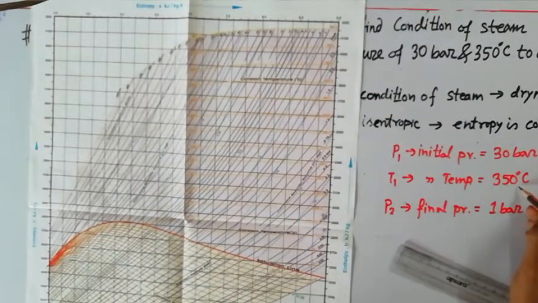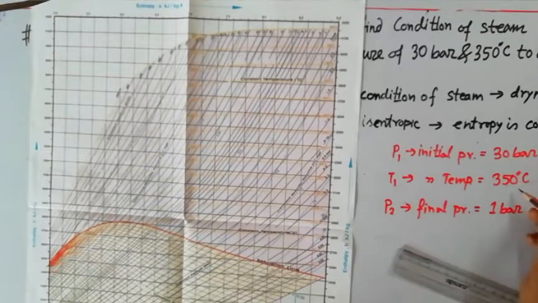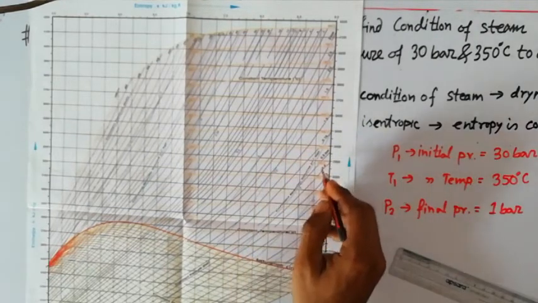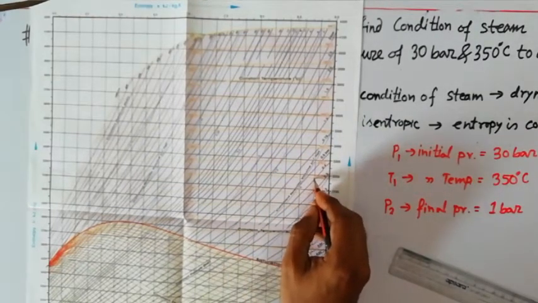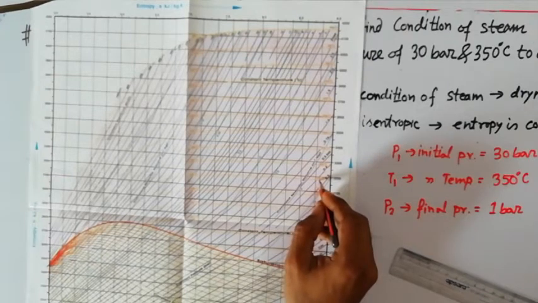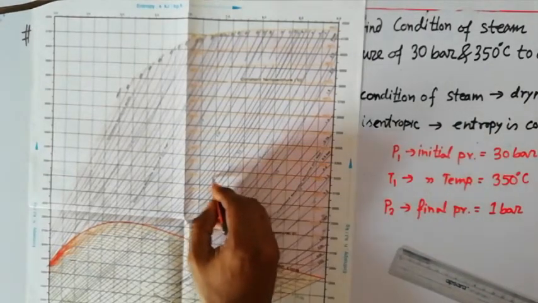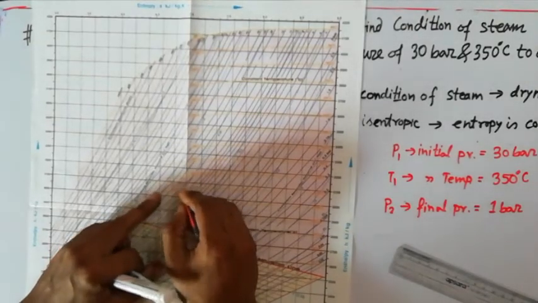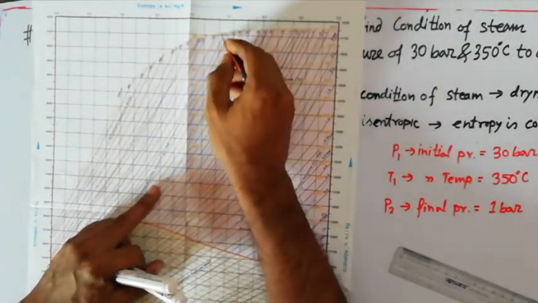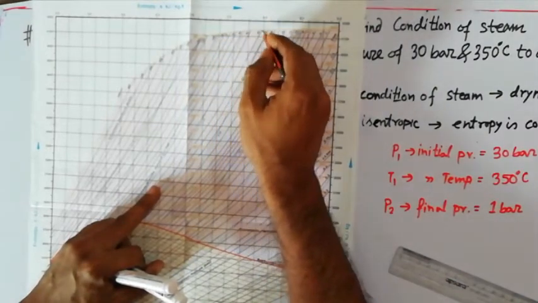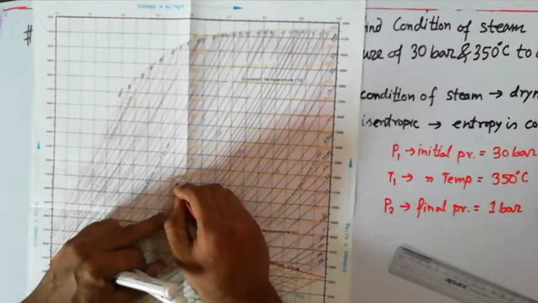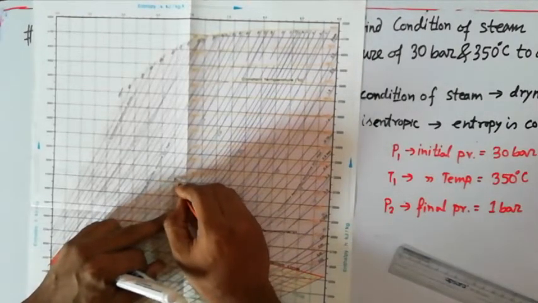And the initial temperature is also given, 350 degrees centigrade. The temperature line is also lying like this, the yellow colored line, and this is the 350 degrees centigrade line. Just find the intersecting point of this 350 degrees centigrade line with the 30 bar pressure line. 30 bar and 350 degrees centigrade, that is the intersecting point I am talking about.